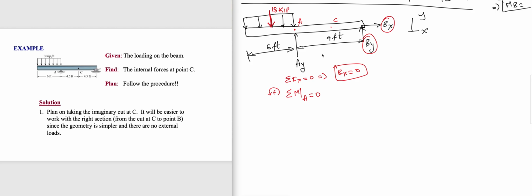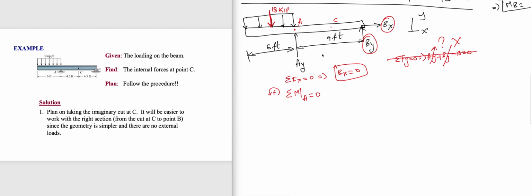So if you write sigma Fy equal to 0, you would be getting Ay plus By minus 18 is equal to 0, and you don't know what is Ay, and you can't calculate By. So you have to calculate Ay first to calculate By. So I'm not going to use this equation, though the equation is correct.